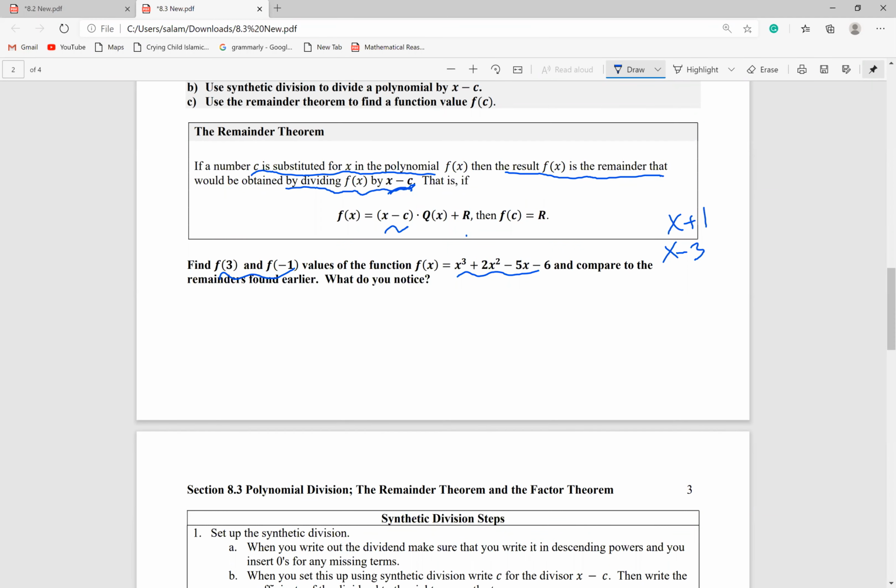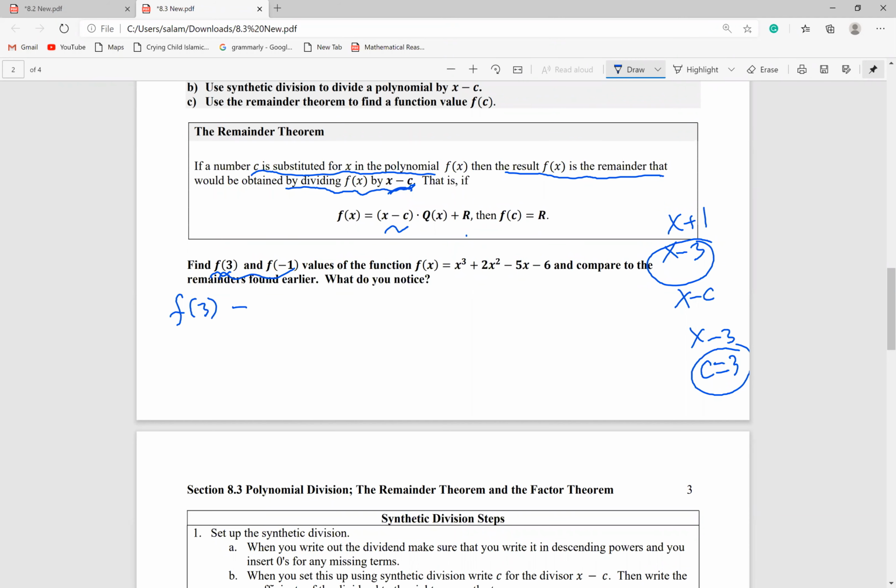If I compare that with x minus 3, I can see that my c is equal to 3, and that's why they're trying to tell you to find f of 3. So if we find f of 3, we are going to get the remainder that we got when we divided by x minus 3 in the previous example.